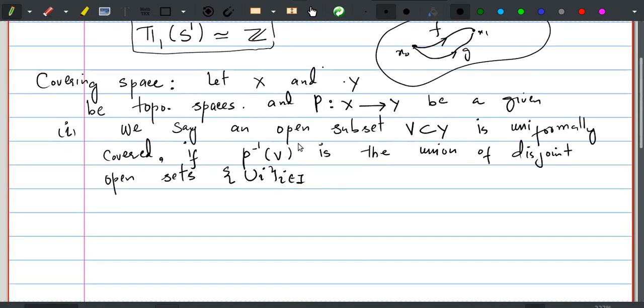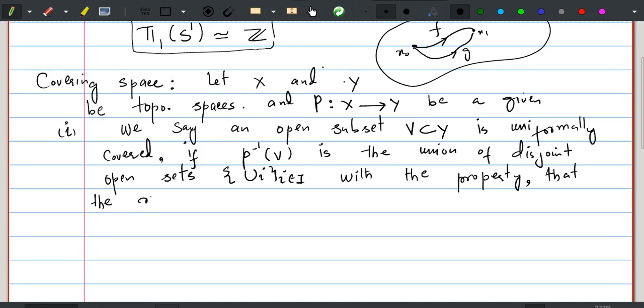So for each open set V in Y, its inverse image should be this disjoint collection of open sets, with the property that the restriction of P to each subset U_i is a homeomorphism.